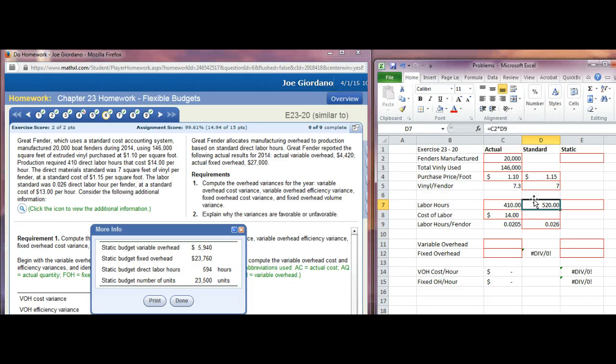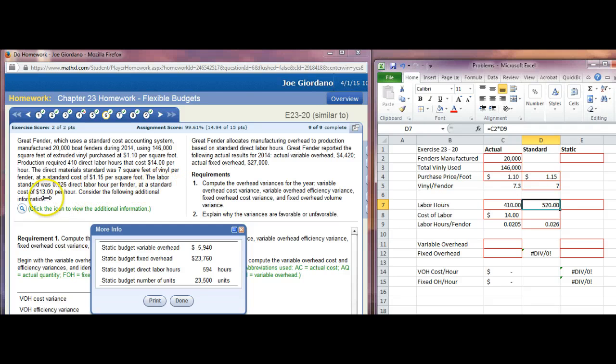My labor hours automatically populated. How did it automatically populate? I took the 0.026 times fenders, and I multiplied it by the actual fenders, because this is really a flexible budget we're creating here. We're going to need this later. That's an important number, and for those of you struggling, especially when you get over to the fixed overhead, this is the number that you're going to need for something. We'll get there in a bit.